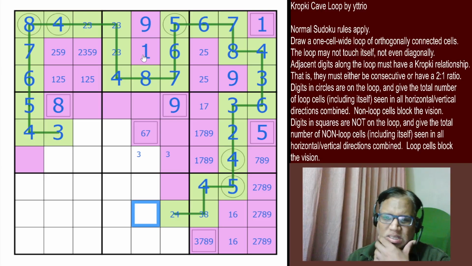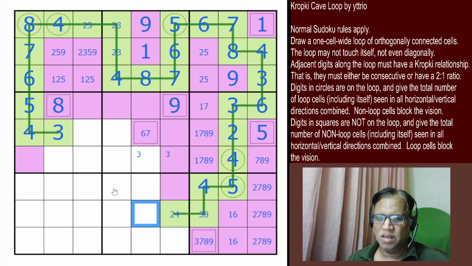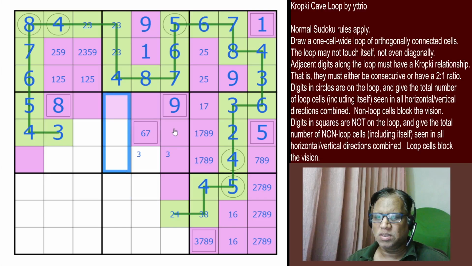Yeah, such puzzles can become tricky somewhere in the middle. So 2 is not here. 2 is somewhere here. 4 is not here. Oh, that's 4, right?